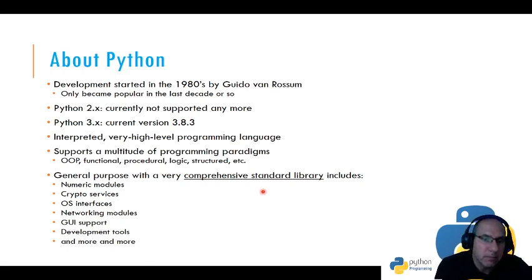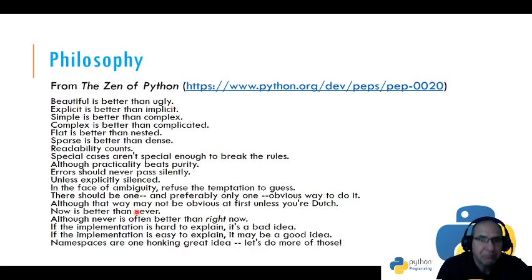These libraries that are often open source and available on the internet cover a wide range of domains such as numeric modules, crypto, OS, networking, GUI, and much more.